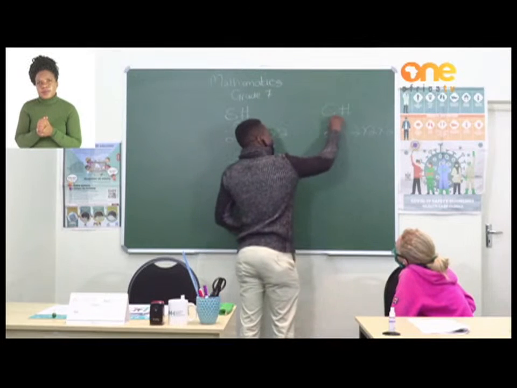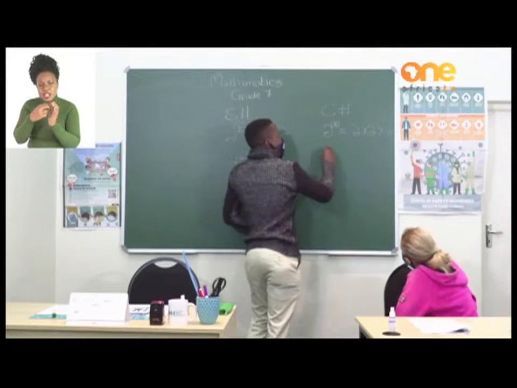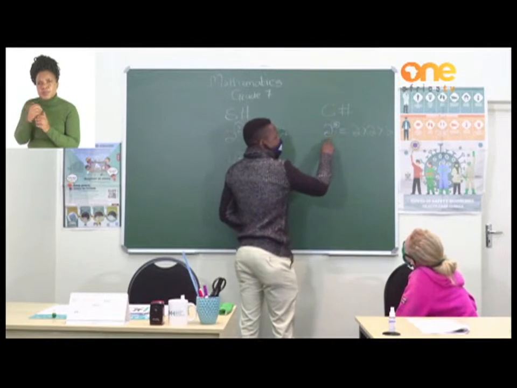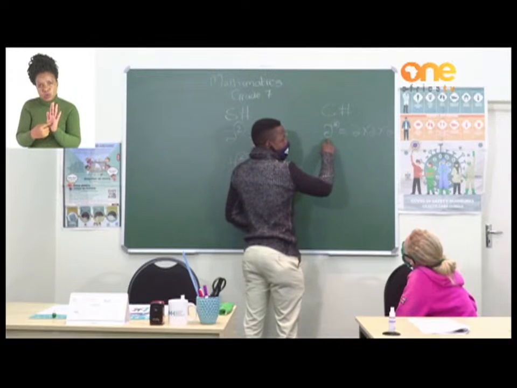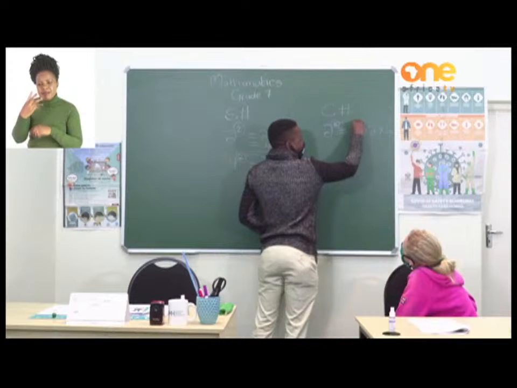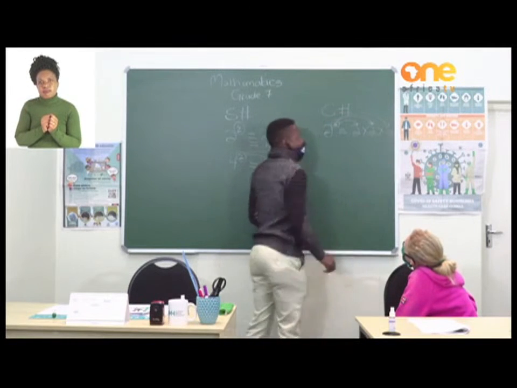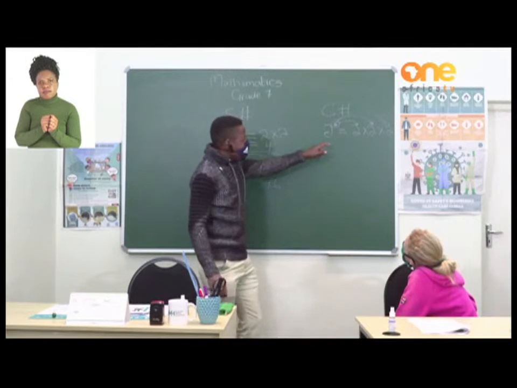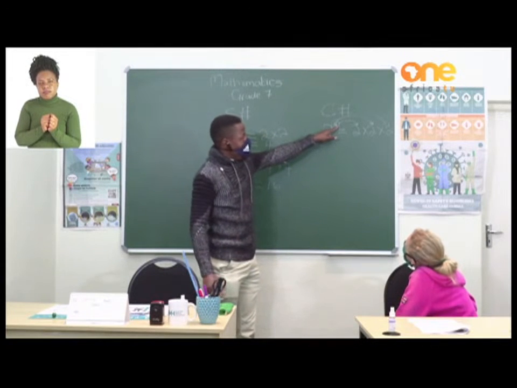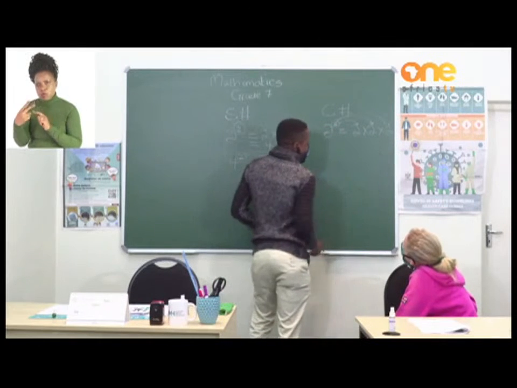Look at this little number, it's an exponent or the power. That number indicates that the 2 which you are multiplying must appear 3 times. So we have 1 here, we have 2, and we have 3 times. That's why it is to the power 3, or cube, because it's 3 times.